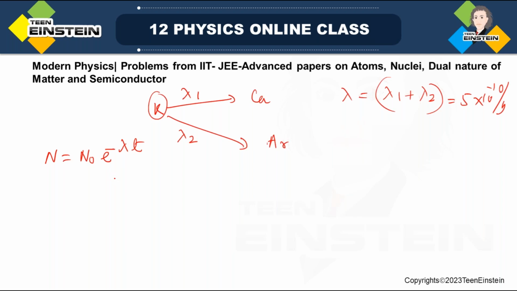So in the given problem, what is given? In time t into 10 to the power 9, 99% of potassium gets decayed.